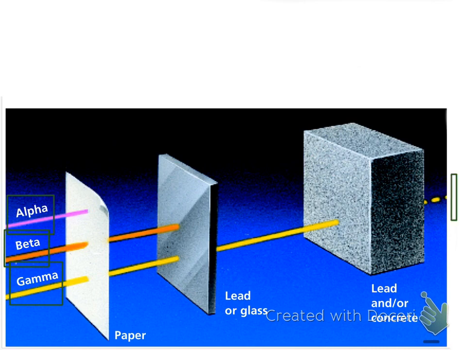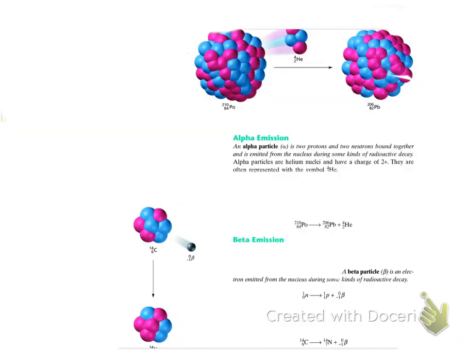In fact, some of it will come out here. So even through lead or concrete, you get gamma radiation. It's a very harmful kind of radiation, very disruptive to cellular function, and in most cases will raise the cancer rate.